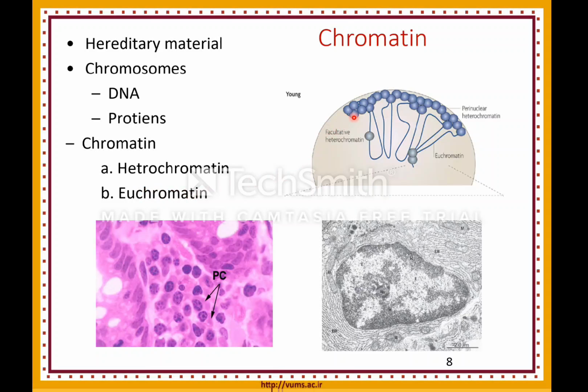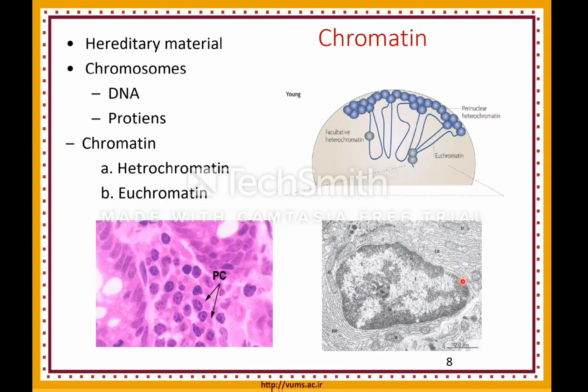Heterochromatin is more coiled, is not active in transcription, and is mostly located near the inner side of the cell membrane. Against that, if you remember, EU means good. Euchromatin is a good chromatin that is involved in transcription and mostly located in the center part of the nucleus.